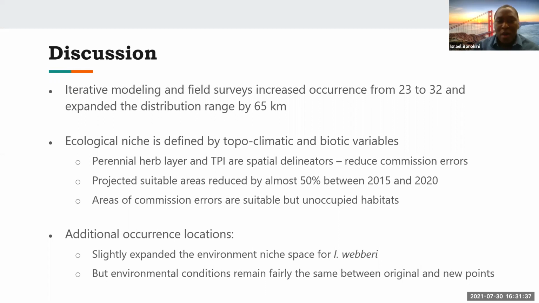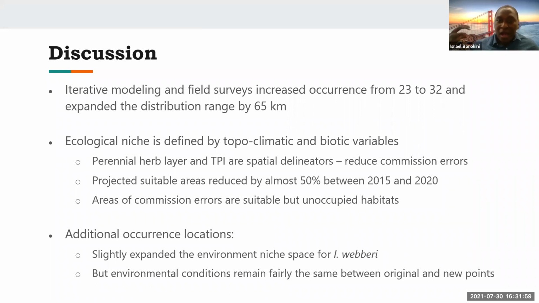But here we argue that just one time fitting of niche models is not enough, especially if you are working with a rare plant or range restricted species, because you may not have enough information to reliably describe the ecological niche of the species.